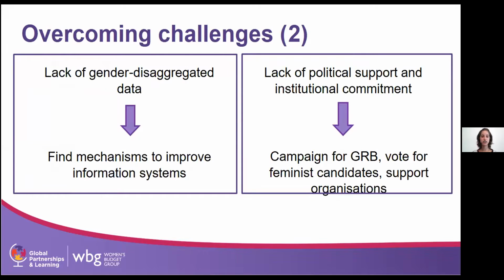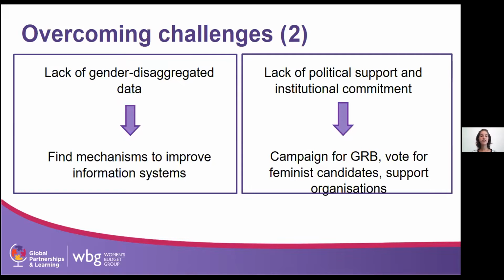This is a challenge mostly for low capability environments where information systems aren't as developed as needed. So, as I said, a good starting point is understanding how your information system works and trying to advance improvements.